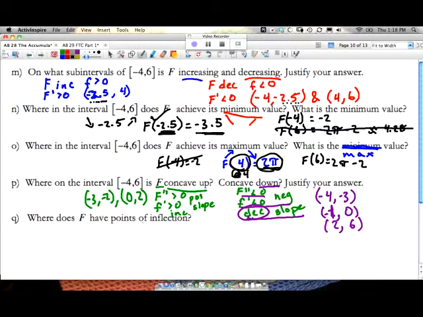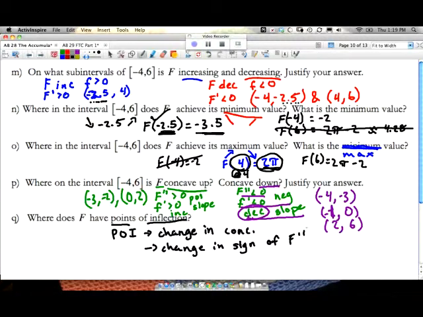All right, last one. Where do we have points of inflection? Remember, a point of inflection happens when there's a change in concavity, which is the same as saying a change in sign of F double prime, which is the same as saying a change in slope of F, or a change in sign of little f, single prime.